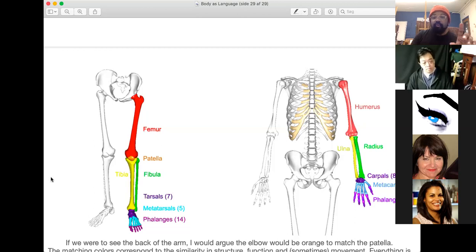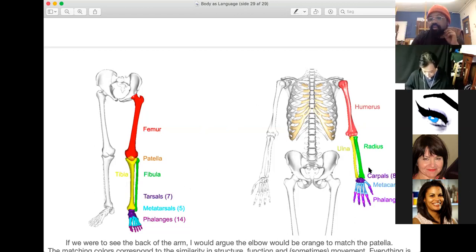And I would even argue, like the same way we bend our knee and flex our arm, that patella right there, even though it is a floating bone, I feel like it has a structural similarity to the olecranon, in that this is that bony protrusion right at the crux of that bending movement, in the same way that we would bend our legs.